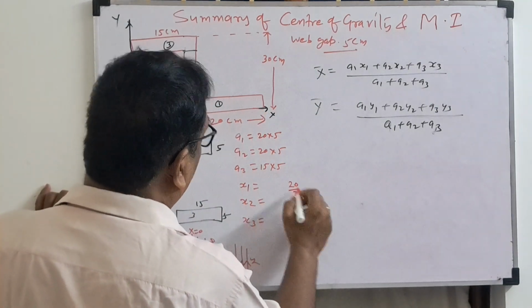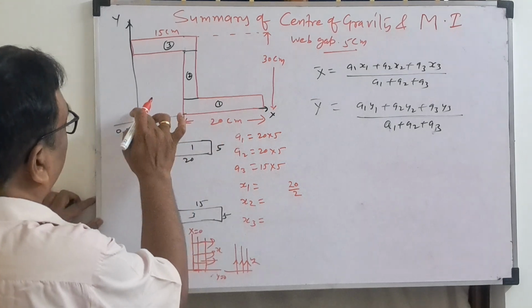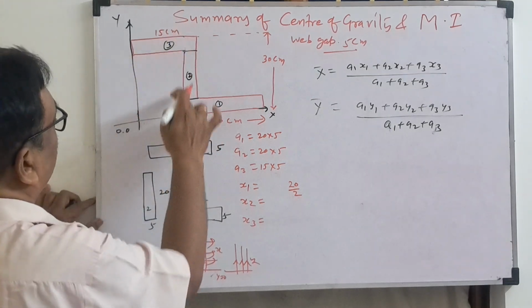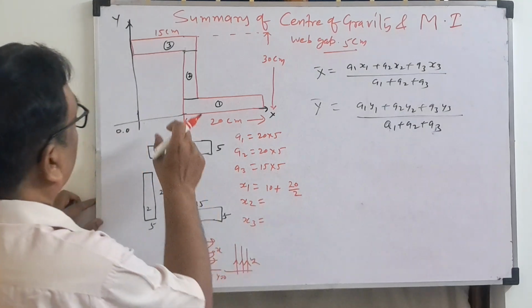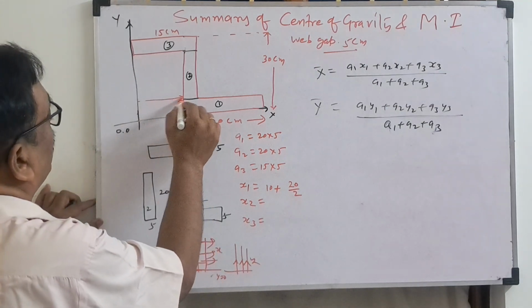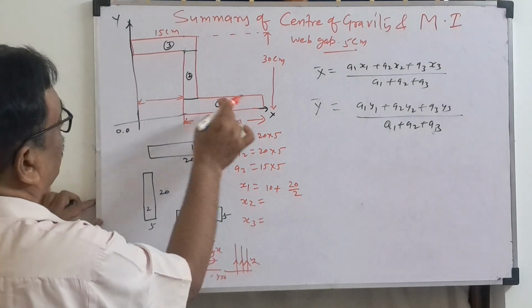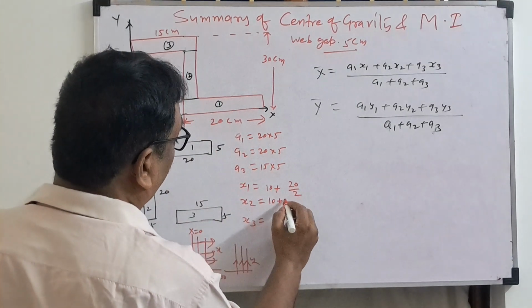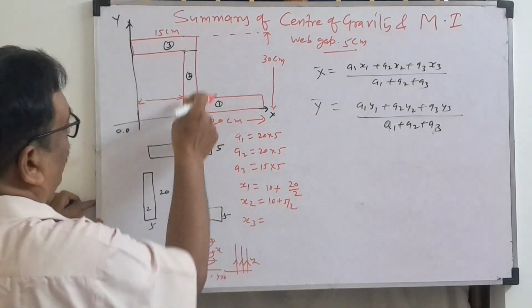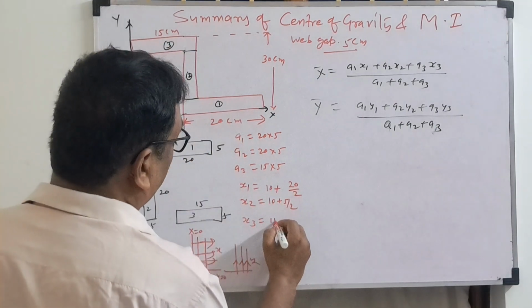So x1 is 20 by 2, because we are taking the center of gravity at 20 by 2. But where is this from the axis of reference? This distance is how much? 10. So 10 plus 20 by 2 you write. Listen here, this distance is 10 because the total distance is 15. So 10 plus 20 by 2. X2 is 10 plus 5 by 2, because this thickness I have to take. Third one is 15 by 2.